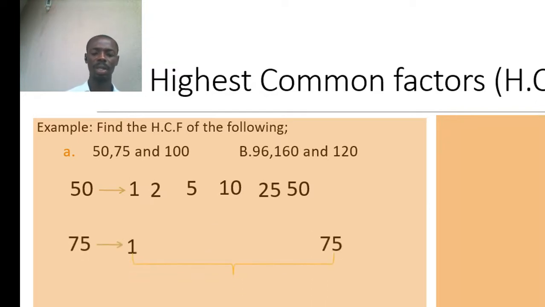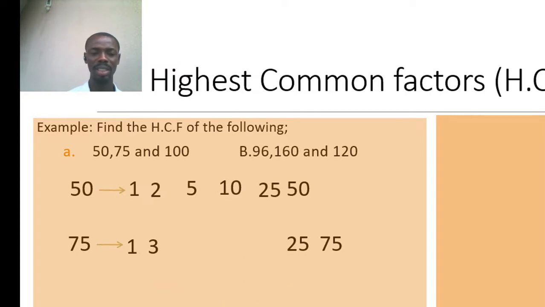So let's take a look at 75. We can have 1 and 75, very sure. 2 will not be a good factor of 75, because 75 is an odd number, not an even number. Let's see if 3 will work. Can you just do 75 divided by 3? What do you have? You have 25. So this is 3 by 25, you're going to get 75.